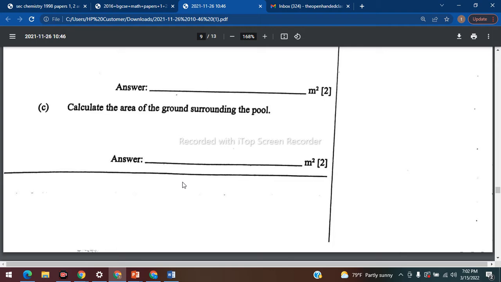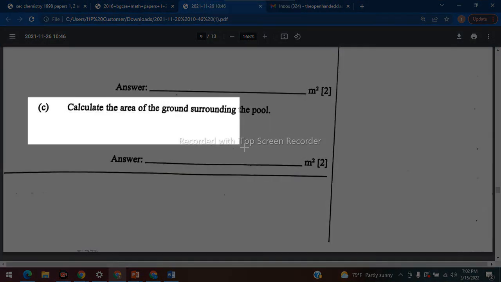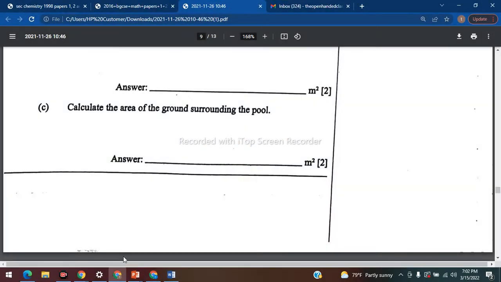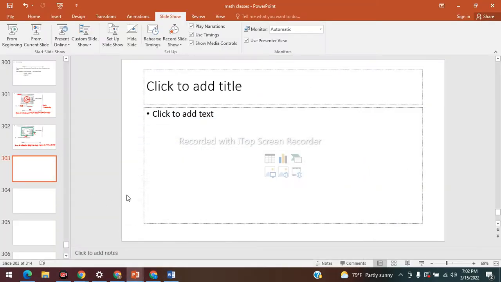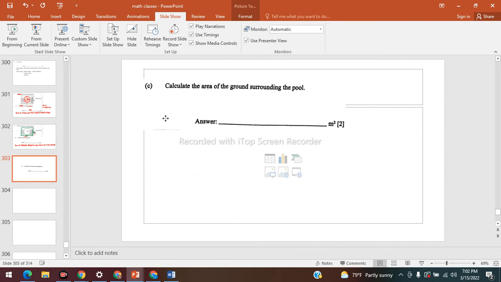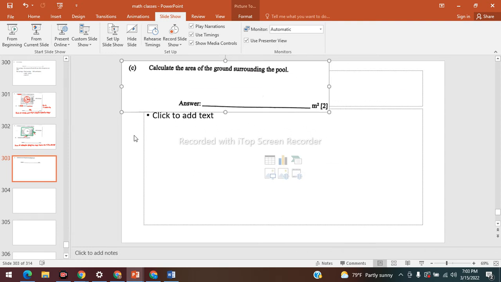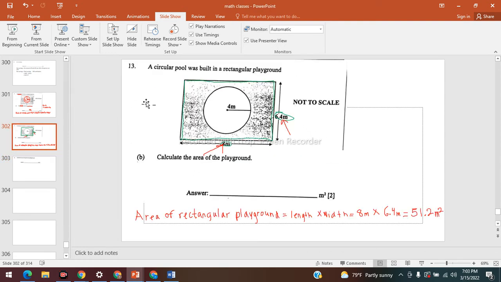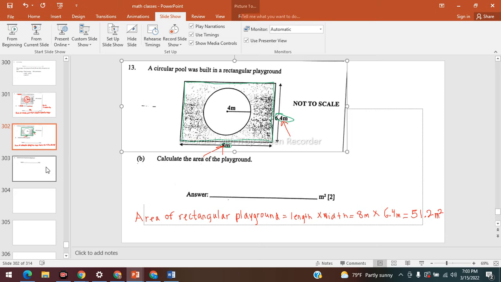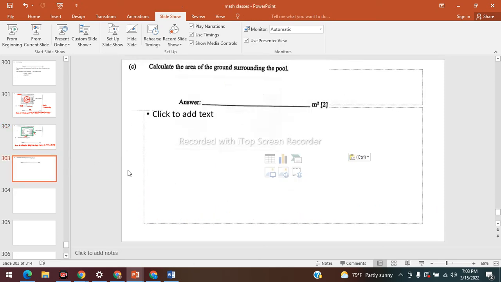Alright, so calculate the area of the surrounding pool. Let's look back at this diagram so as to get an idea of what's happening.